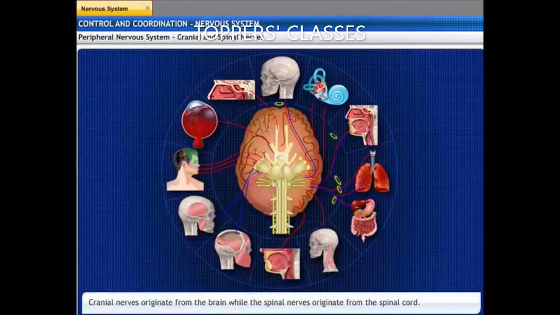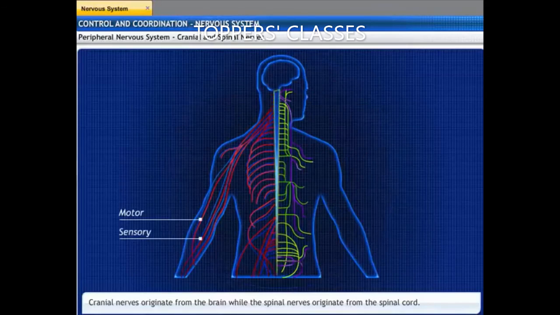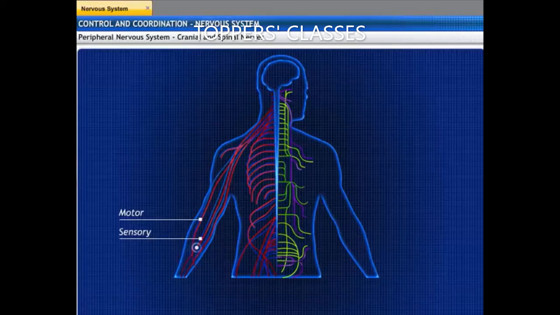Some cranial nerves are mixed, while the rest are sensory and motor nerves. Spinal nerves originate from the spinal cord, and all spinal nerves carry impulses to and from the central nervous system. Spinal nerves are mixed nerves.